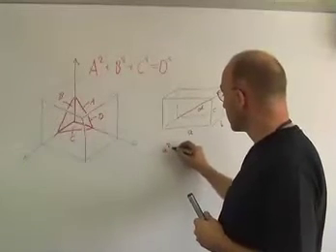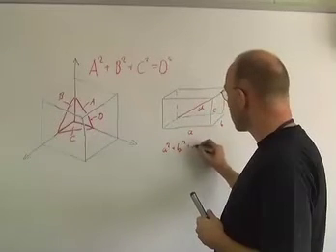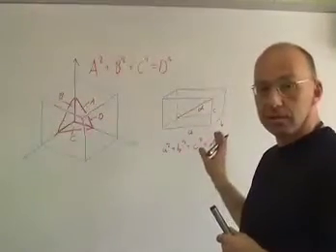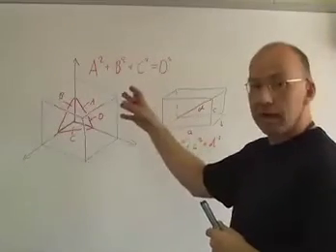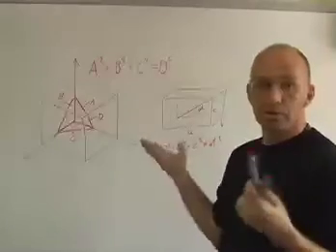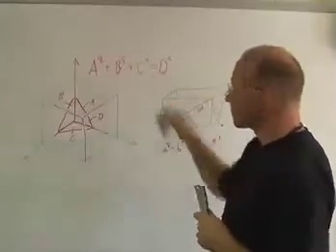A squared plus B squared plus C squared equals D squared. But here, it's all about lengths. There it's about areas, right? So it's a different thing, but that's true and that's true too.